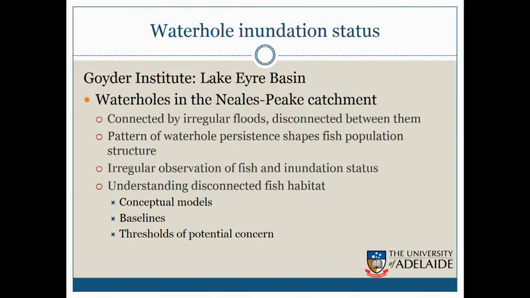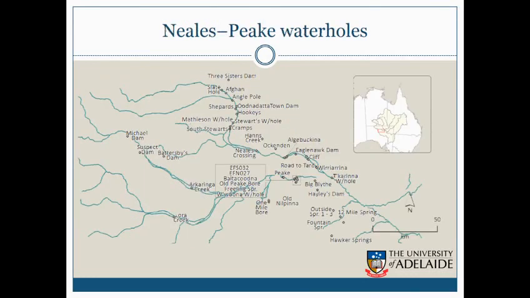We need this information to be able to develop conceptual models, understand the baseline function, and whether they might be going beyond thresholds of potential concern due to either land management practices or mining or climate change. Here's the study area. There's about 60 odd waterholes that have been mapped by SARDI. And they tend to get monitored at sort of irregular intervals.